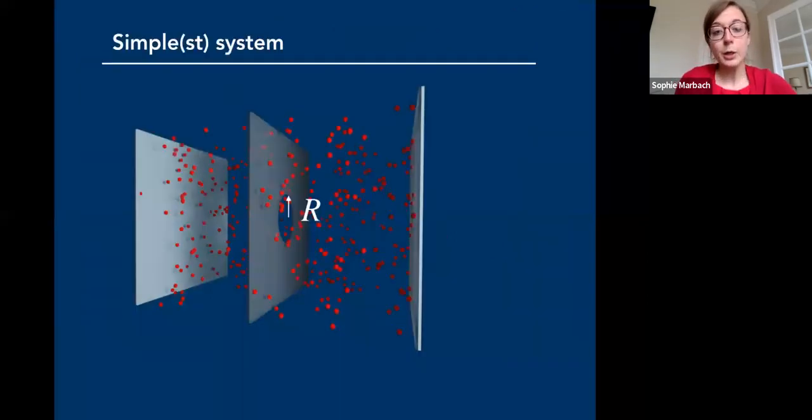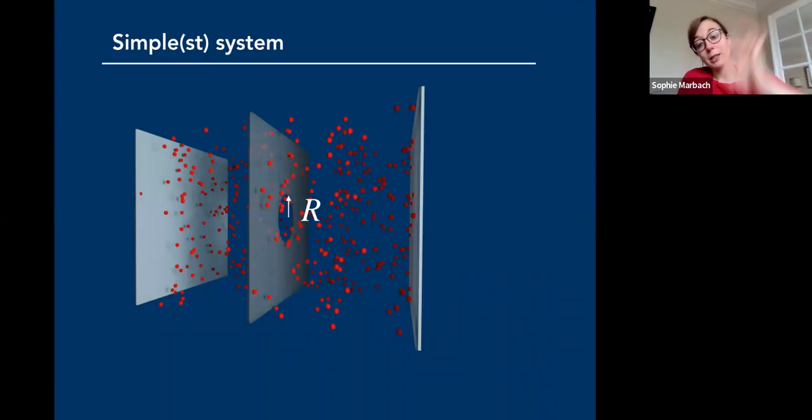So I started with a membrane that has a circular pore of radius r dividing a space into two reservoirs, one on the left and one on the right. And permeating through this pore are a bunch of molecules, here depicted by these red balls.